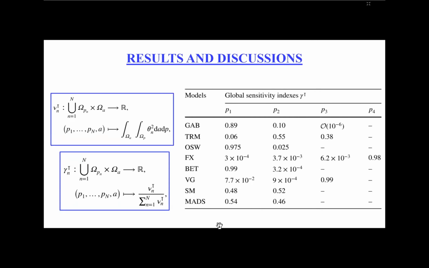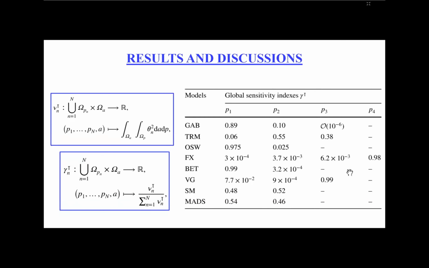Actually, this table shows that only Smith's model, which is the SM model, and the model proposed in this work, which is this MADS model, are the only two in which all parameters, more or less equally, affect the measured quantities.